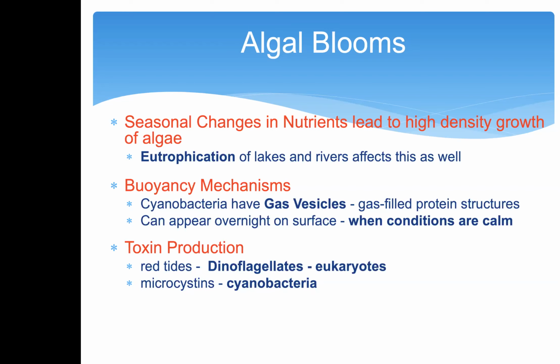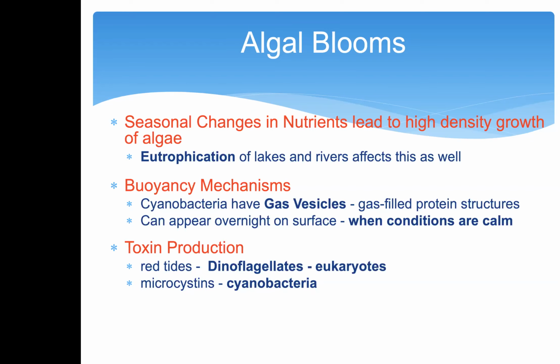And so oftentimes they have to close shellfish fisheries when there's blooms of these algae, because mussels and oysters and other shellfish will trap them in their gills as they're feeding on them. It doesn't hurt the shellfish, but if we eat the shellfish, then we would be affected.